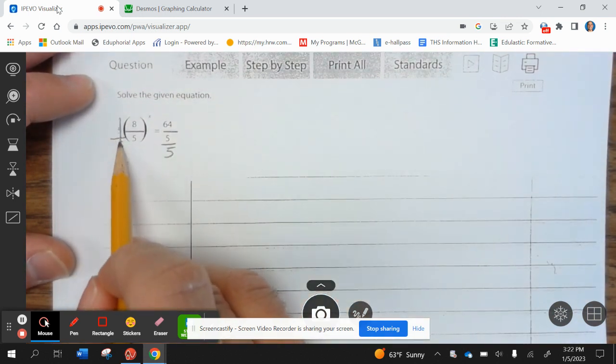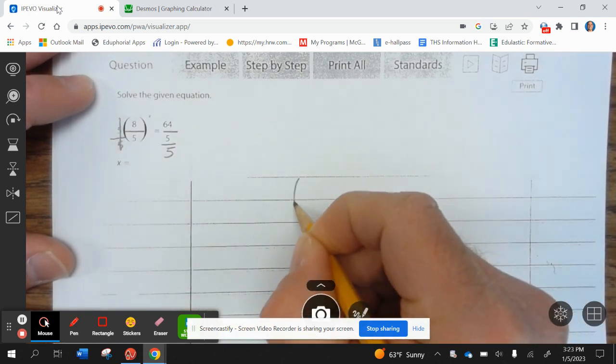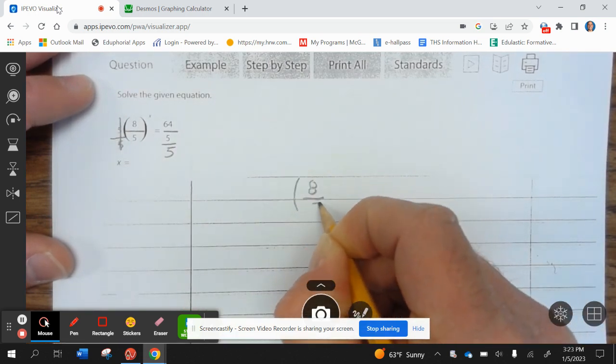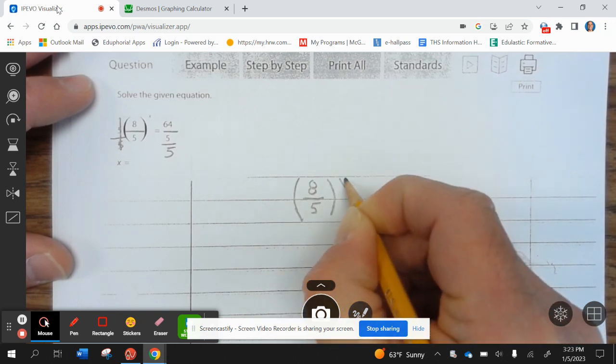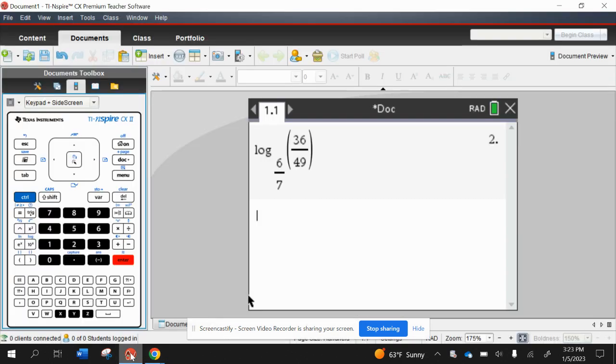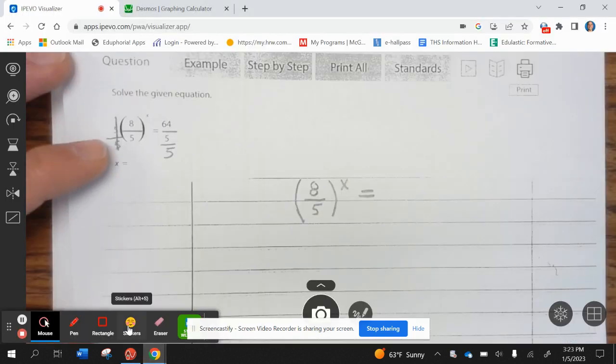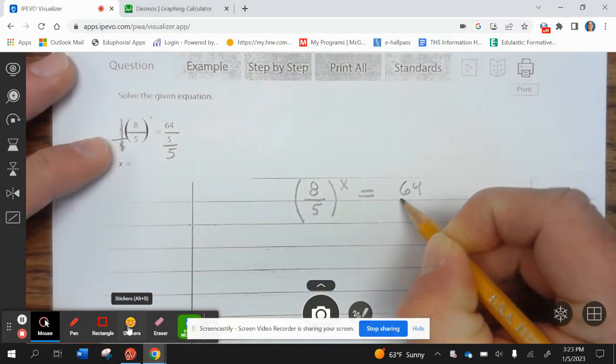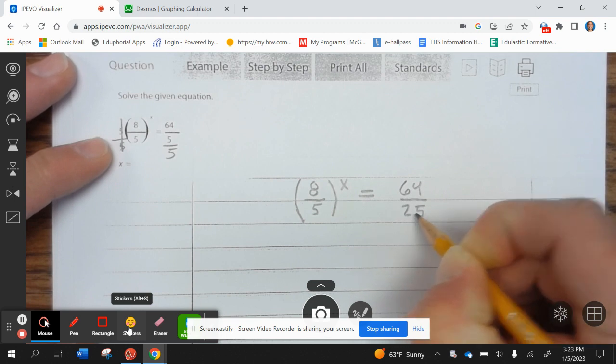Well, 5 divided by 5 is 1, so you're left with (8/5) to the x power equals, let's go ahead and put this in our calculator. 64 divided by 5 divided by 5 is 64/25. So it equals 64/25.